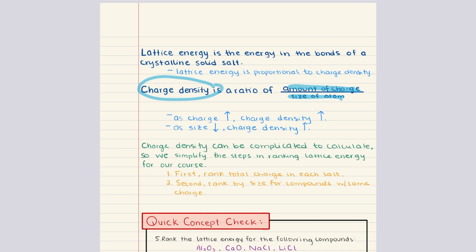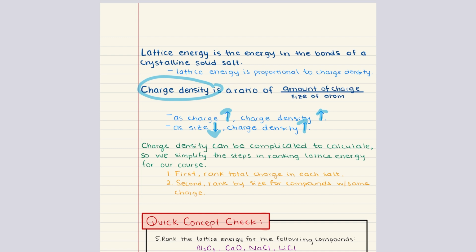From this, we can recognize that as charge increases, charge density also increases, and that leads to a higher lattice energy. And as atomic size decreases, charge density increases, and that also leads to higher lattice energy.